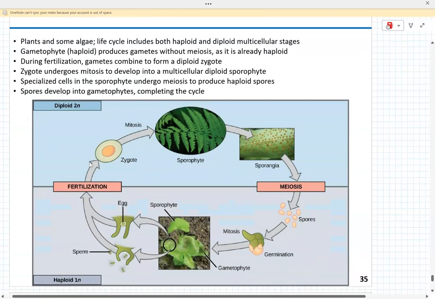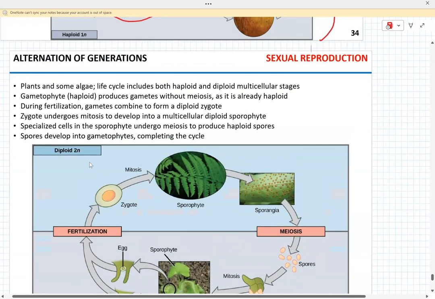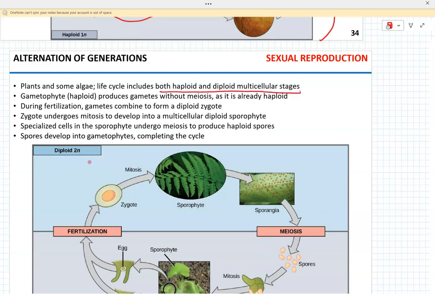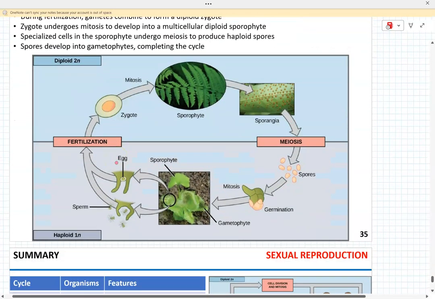A lot of plants and some algae use alternation of generations type of sexual reproduction. In this case, the life cycle includes both haploid and diploid stages.